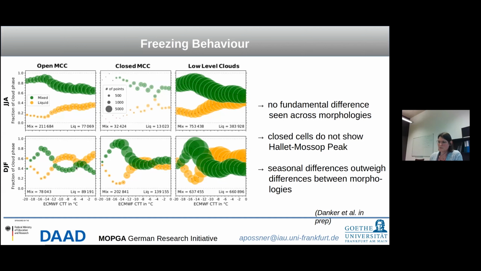And that's something that we see in open MCC, but we don't really see to the same extent in closed MCC clouds. But even so, it's very clear that the phase is not predominantly constrained by or related to mesoscale organization, but it's other drivers that are controlling how much ice forms inside these clouds.